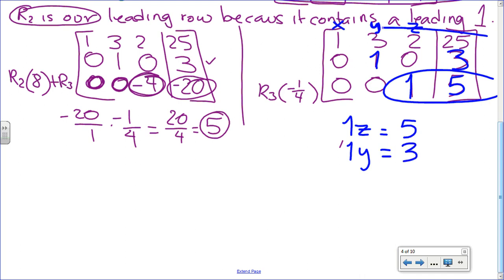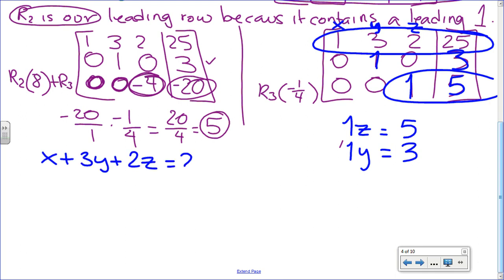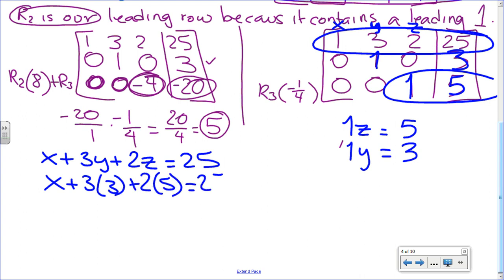And then from here, we have the equation 1x plus 3y plus 2z is equal to 25. So we're going to use the back substitution method. So it will be x plus 3 times 3 plus 2 times 5 equals 25. And then we need to find x. 6.